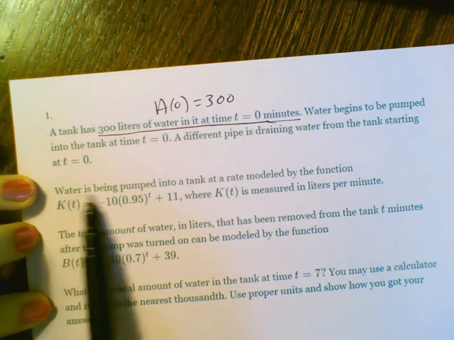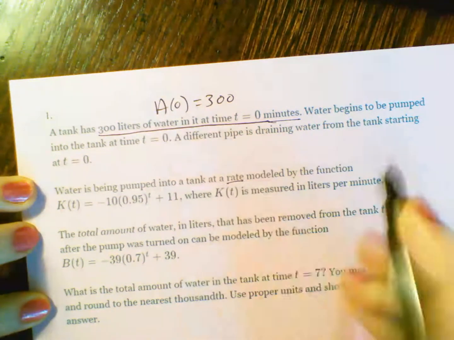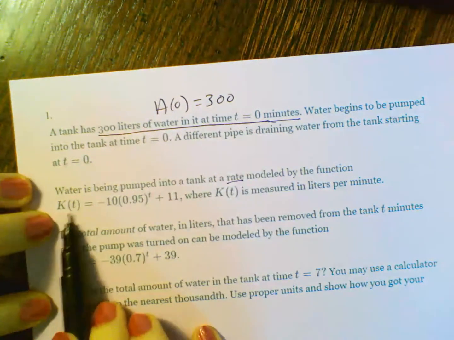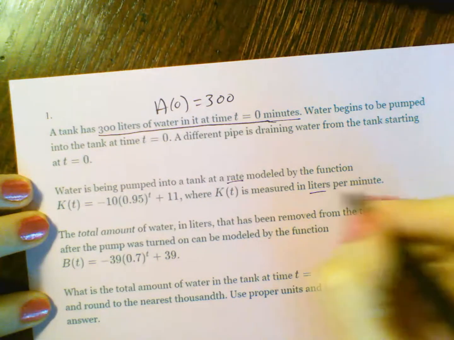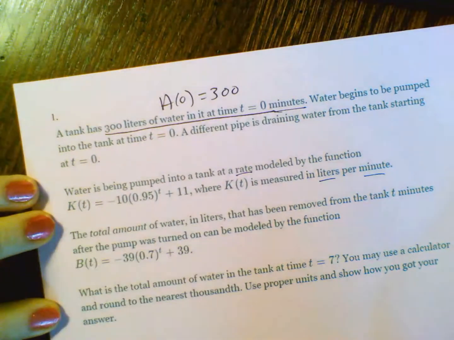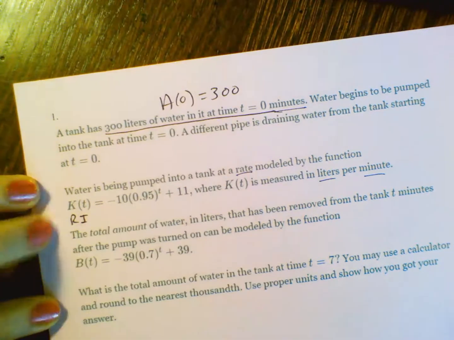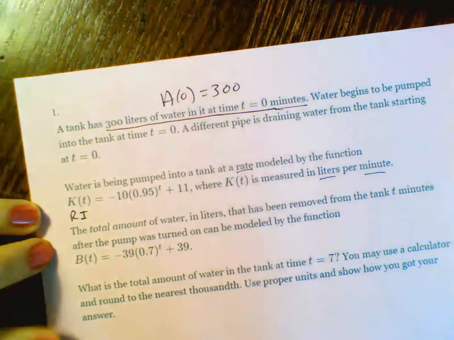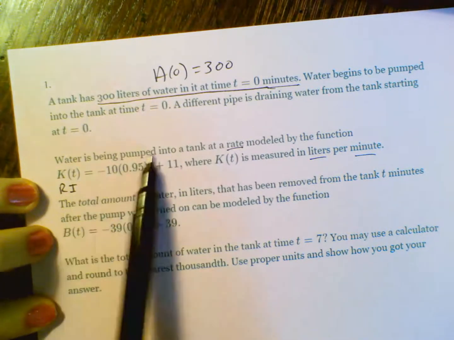Okay, now, water is being pumped into the tank at a rate modeled by the function k of t, where k of t is measured in liters per minute. Okay, so k of t, what is that? That is a rate in. Okay, because they said that that was a rate. That's the rate at which water is being pumped in.